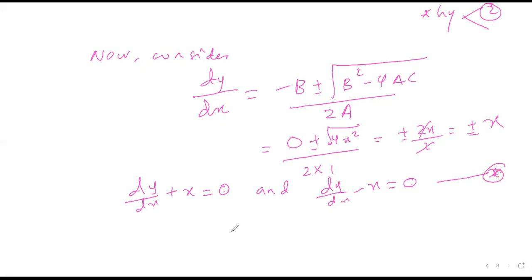Okay. Now, so let's continue. Let me continue in the next window. My meeting is also going to finish, so no problem. So dy over dx plus x equal to 0.